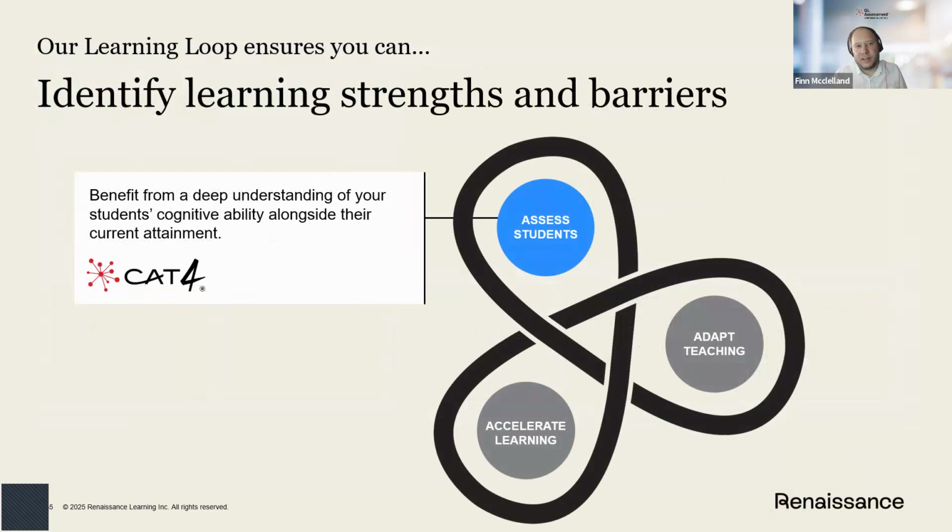Now our assessments all fit into what we call our learning loop, which looks a bit like a pretzel. And with CAT4, as we've mentioned already, because it assesses students, it provides that deep understanding of your students' cognitive abilities alongside what you are seeing from their current attainment.